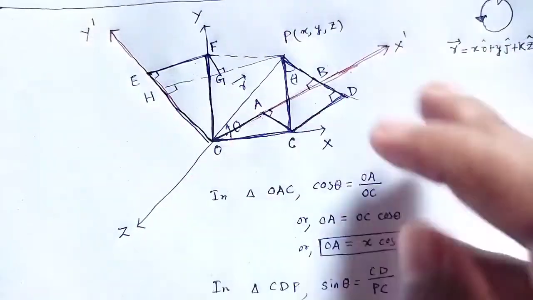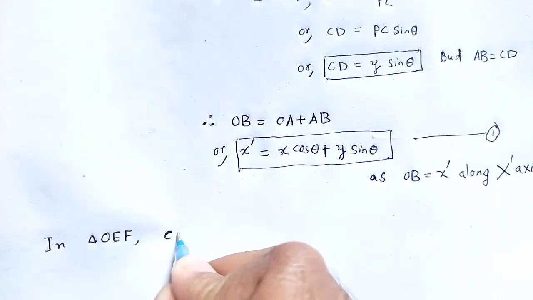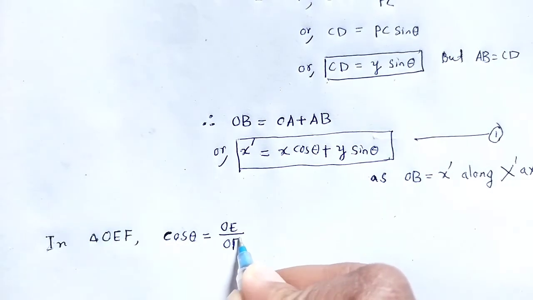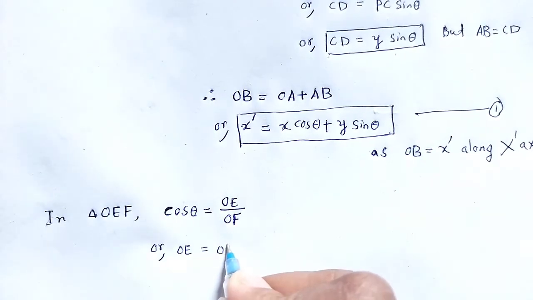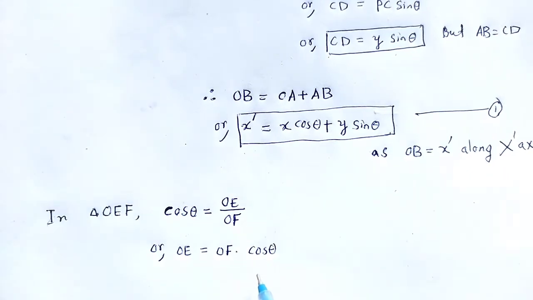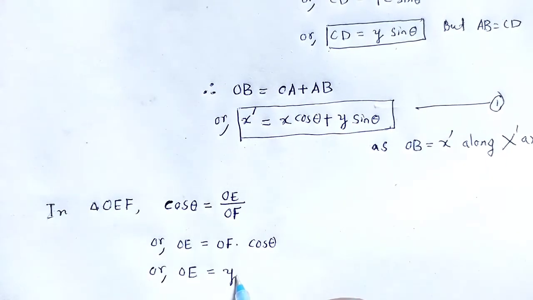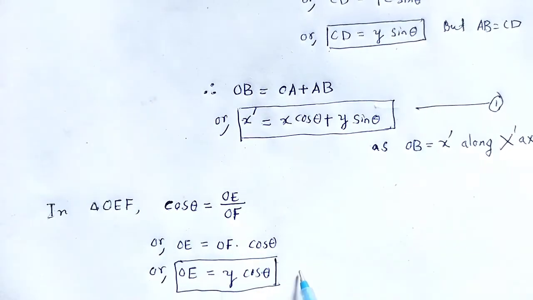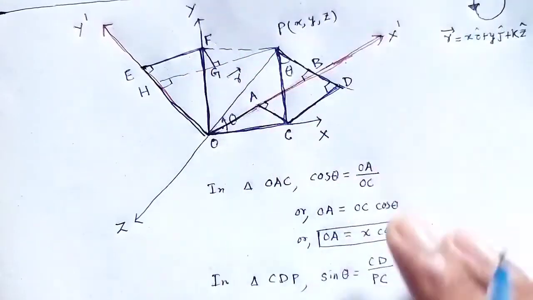In triangle OEF, cos theta is equal to OE divided by OF, or OE is equal to OF cos theta, or OE is equal to Y cos theta, as OF is equal to Y.